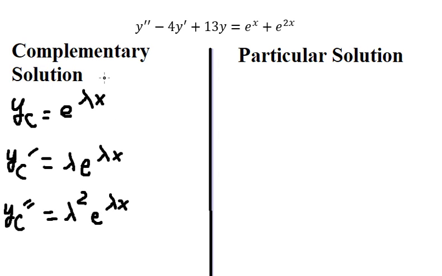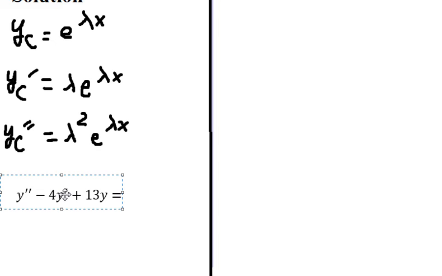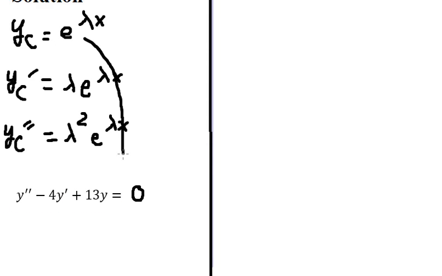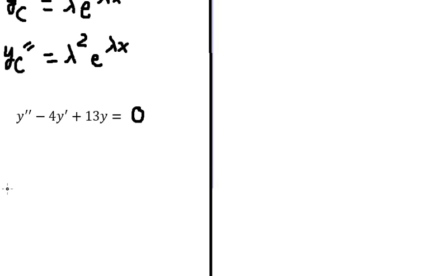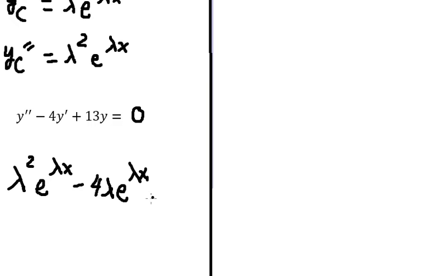Because this is about the complementary solution, I will set this equal to 0. So I will put this one here, this one here, and this one here. So we have lambda squared e to the power of lambda s minus 4 lambda e to the power of lambda s plus 13 e to the power of lambda s equals 0.